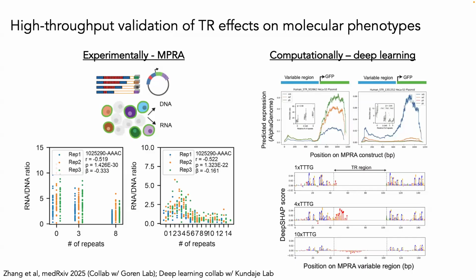But the other thing that we can do, and this is work in collaboration with Anshul Kundaje, is we can start to apply these model interpretation techniques to data either from the MPRA or from the genomic context and try to understand why this STR impacts expression in this genomic context and this other one in this other context doesn't. And maybe we can learn what features in, say, the flanking regions are actually important for determining that.